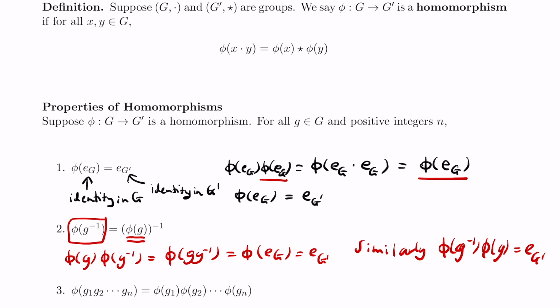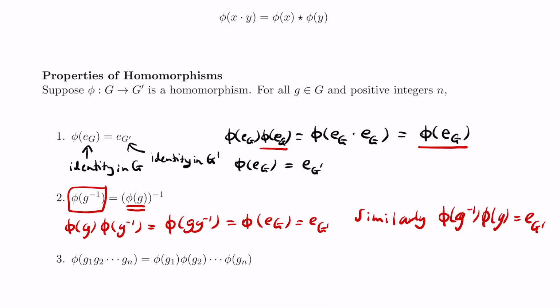And so you get that the inverse of phi of g actually is phi of g inverse. Now you can imagine if you apply this to a triple of things, you would get that phi of the product of three things is the product in the right group of the phi's of the three things. And so we get in general that phi of a product of n things is the product of the n phi's.